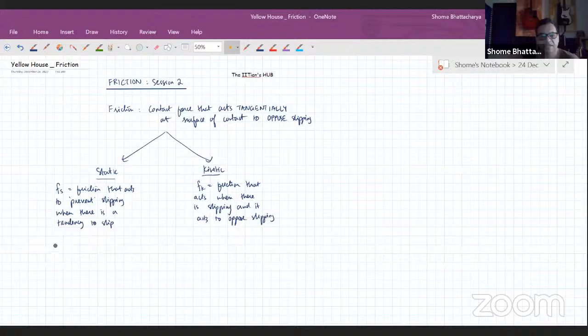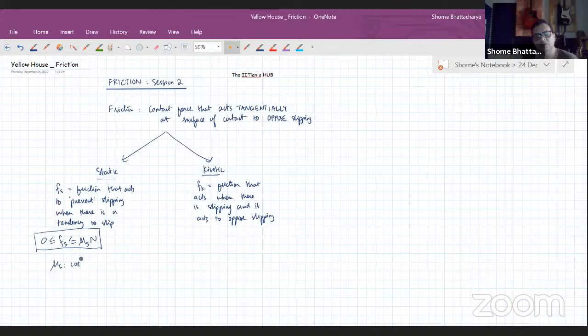Now we saw that static friction can in general have any value from 0 up to a maximum limit, depending on the amount of external force that is trying to create slipping. This μs is called the coefficient of static friction, and obviously N is the normal reaction.